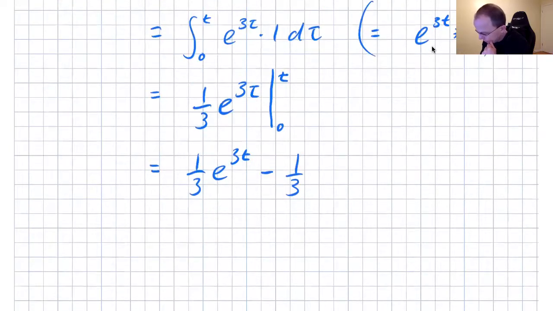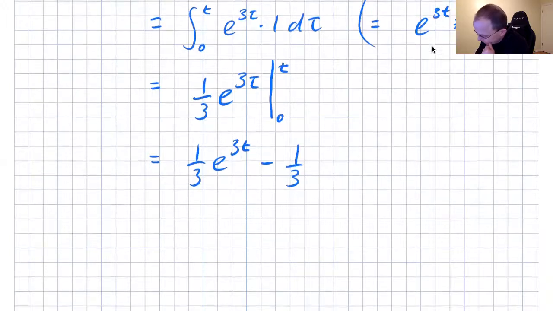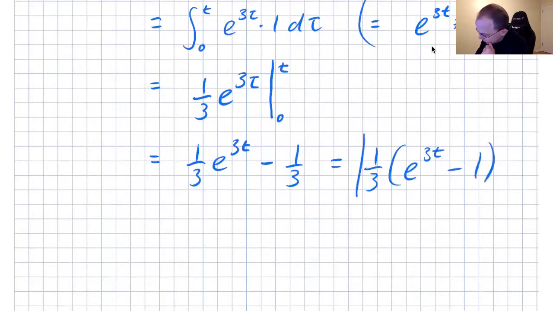And so there's our answer. Okay, and why don't we just factor out the 1/3? Okay, put that in a box.